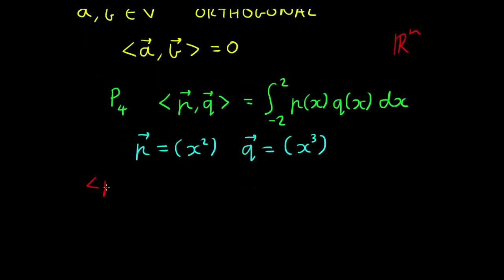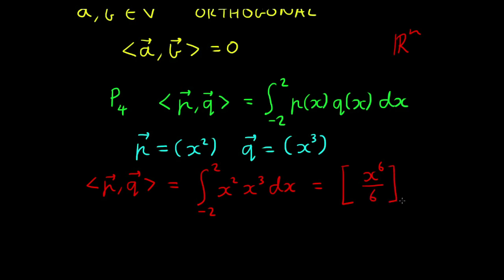So the inner product between these two vectors is defined using this integral. So P of x is x squared and Q of x is x cubed, and we're integrating from -2 to 2 with respect to x. So by the power rule of integration, we get x to the 6 on 6 evaluated from -2 to 2.